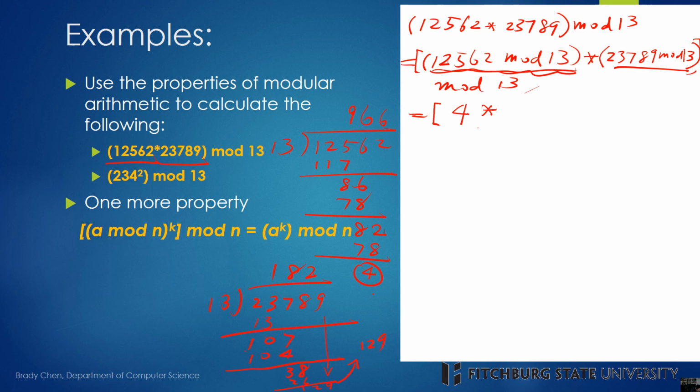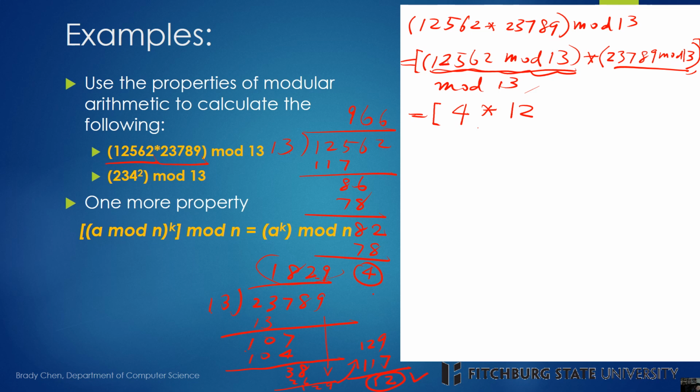Now for 13, we need to put a 9. 13 times 9 is 117, so we get the remainder 12. The quotient is 1829, and the remainder is 12.